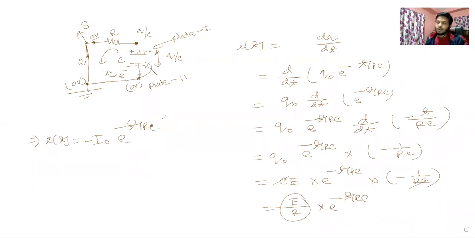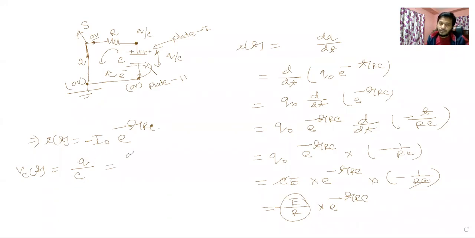Now what would be the equation for voltage? The voltage across the capacitor at any time t, Vc of t, equals Q upon C. Let us plug the value of Q here.